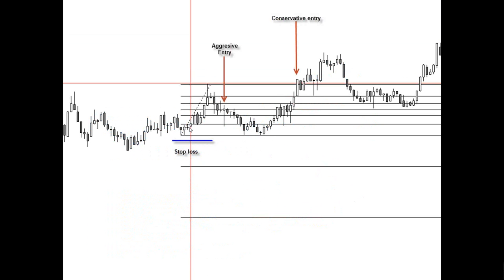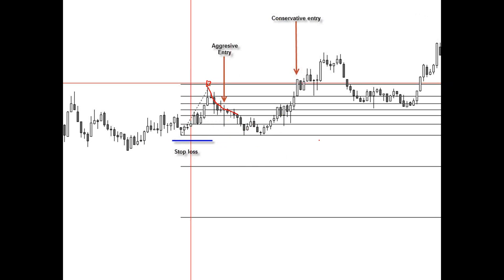1 minute time frame. We are waiting for the first pullback. So this is the initial spike, okay? 1, 2, 3, 4, 5, 6 minutes have passed, and then this is the first spike, and then we wait for initial pullback.